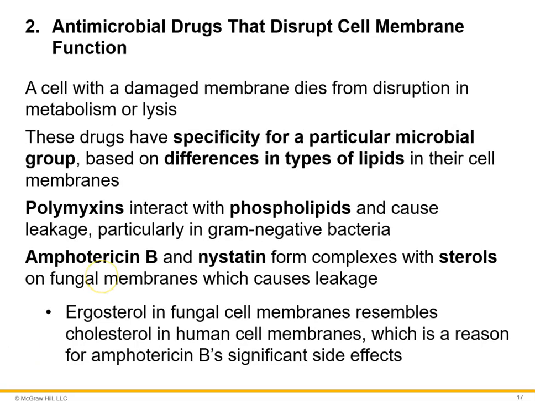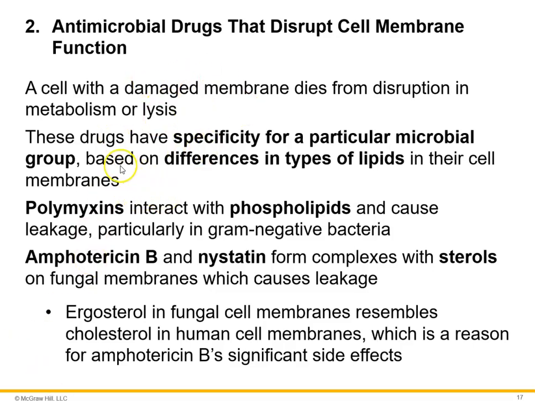All right, drugs that disrupt the cell membrane. So a microorganism that has a damaged membrane is going to die either from interference in metabolism. Remember that our prokaryotic friends metabolize nutrients on their cell membrane because they lack mitochondria. Or the damaged membrane can lead to cell rupture.